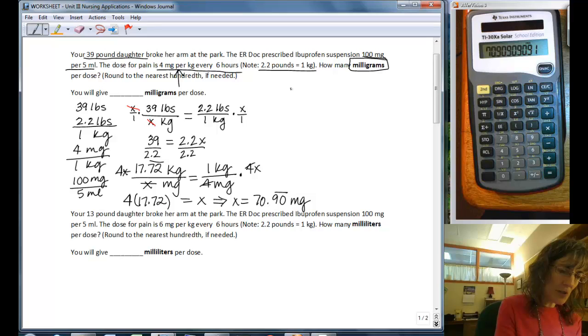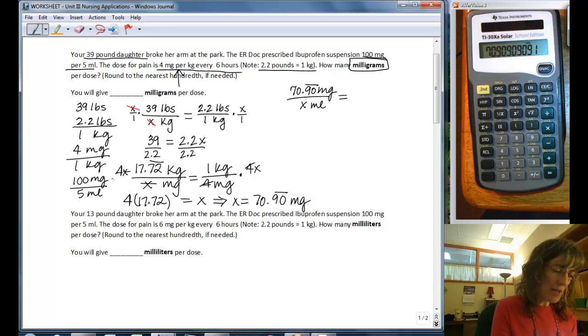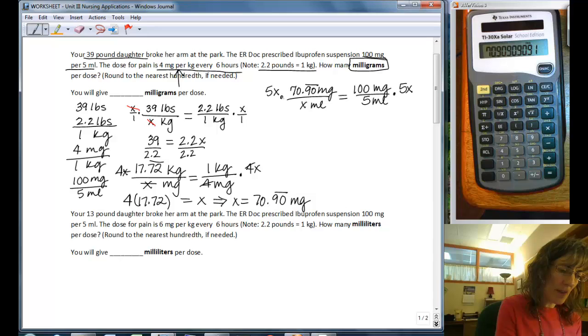Now I have one more conversion. So 70.90 repeating milligrams to x milliliters, and I have my last conversion. It is already milligrams over milliliters handily, so I have 100 milligrams over 5 milliliters. I want to multiply both sides by 5x. And I will simplify a little bit. My x's go here, my 5's go here.